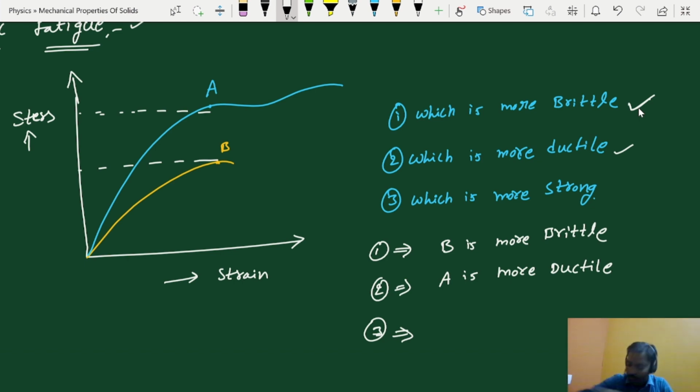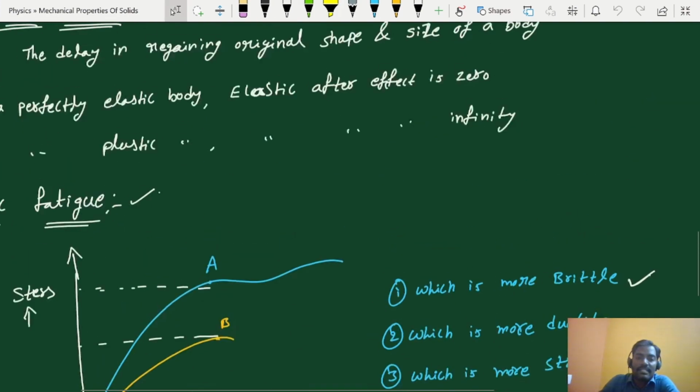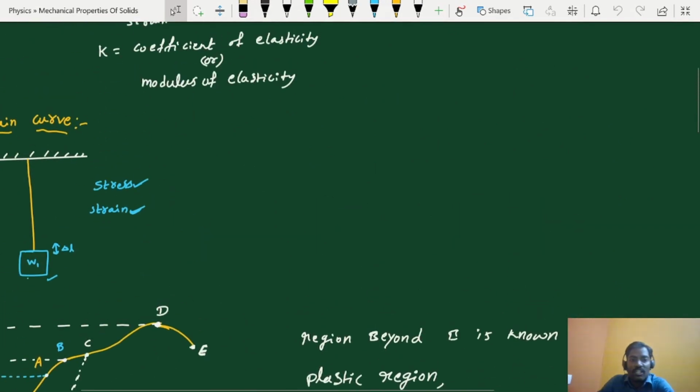Material A. So you can say A is stronger than B because the strength can be determined by stress. The material which bears more stress is stronger. Right, students? So this is all about the stress strain curve.